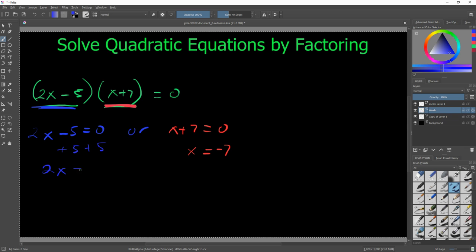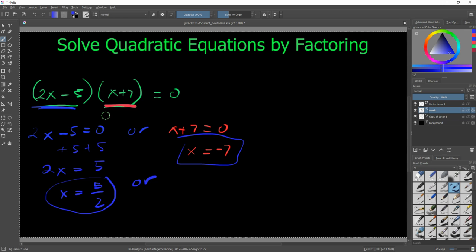So 2x is equal to 5, and then x is equal to 5 halves. So x is equal to this or that. Okay, so you have two answers that x could be. X could be two numbers. Okay, and this equation will work. So you have two solutions instead of one. All right, that's how to solve a quadratic in factored form.